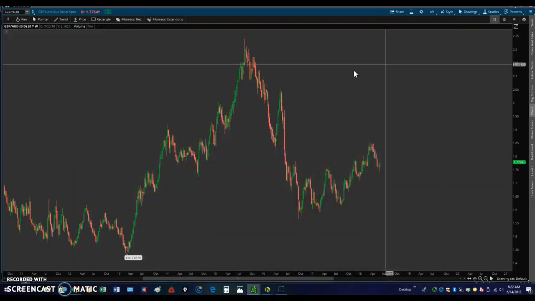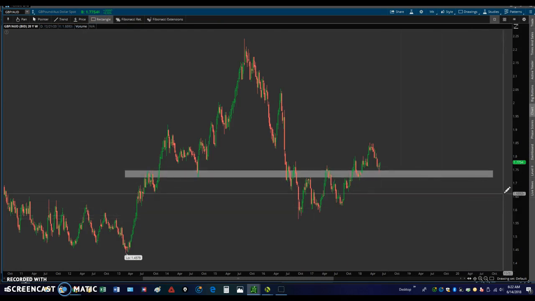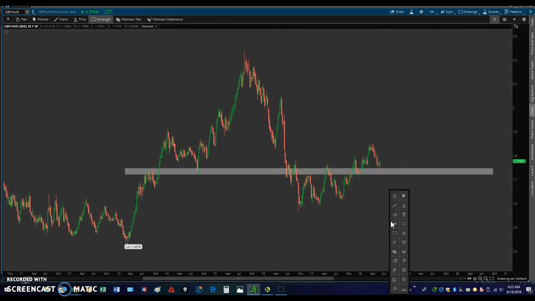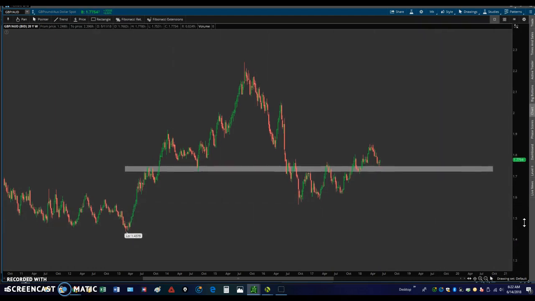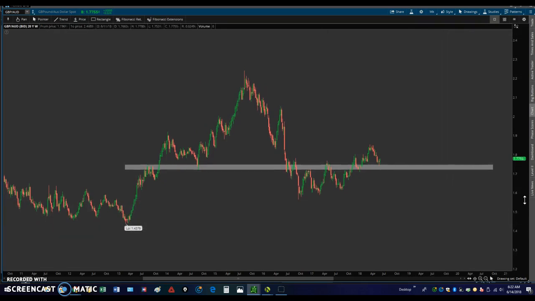Just minimize this. Okay, so I'm on the weekly chart now. I'm essentially a swing trader these days, I guess, just because I have a couple other projects I'm working on. I'm trying to put together a trading boot camp, an 8-week trading boot camp that's going to be pretty intensive for people. I already have a few people committed to doing that with me.